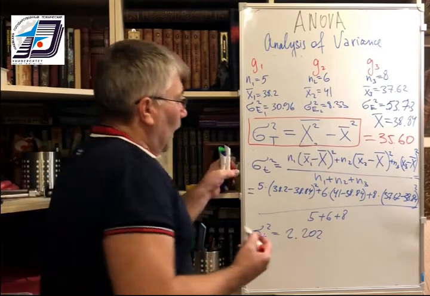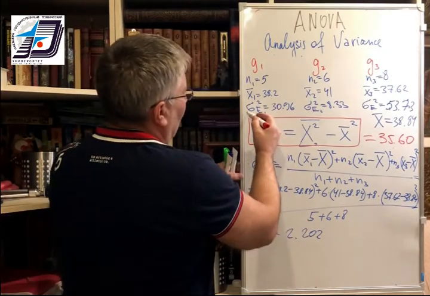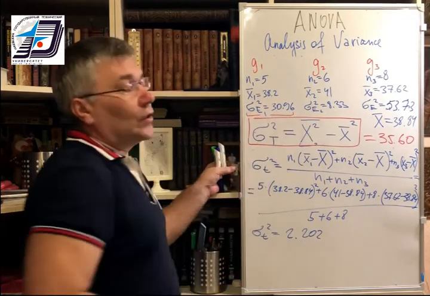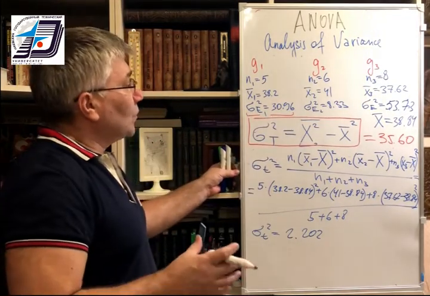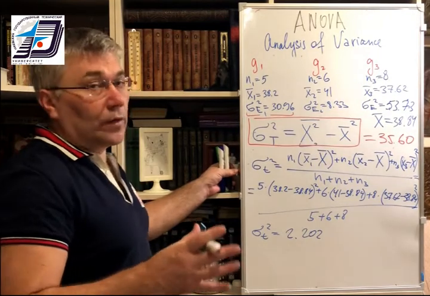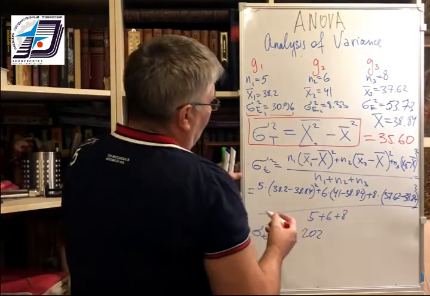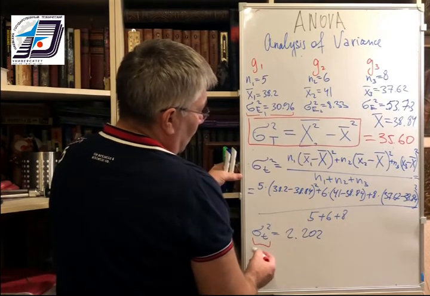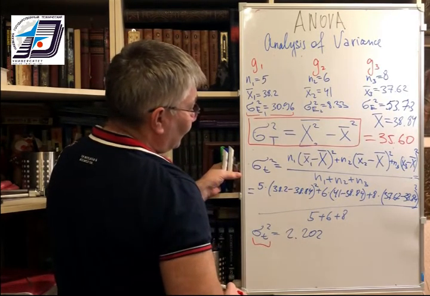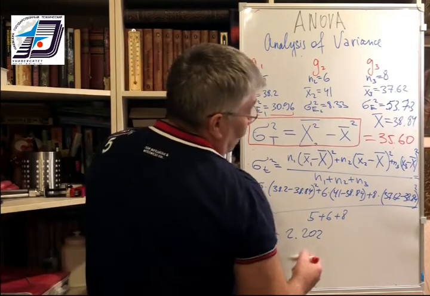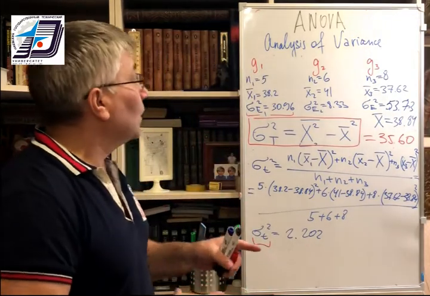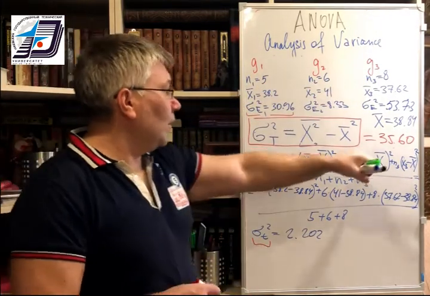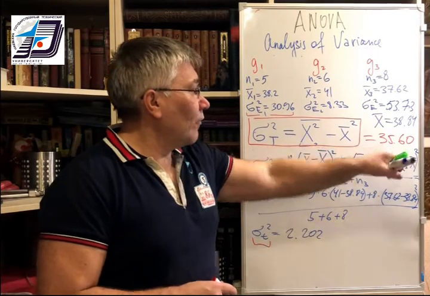Look, here we have error variance, which comes from the internal sources within groups, and we have treatment variance, which comes from the differences between the groups, and then the total variance.